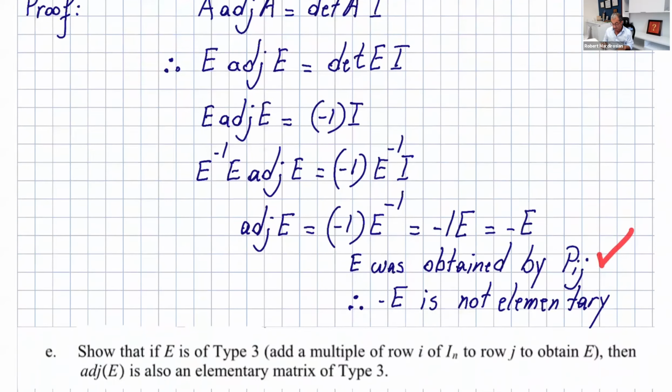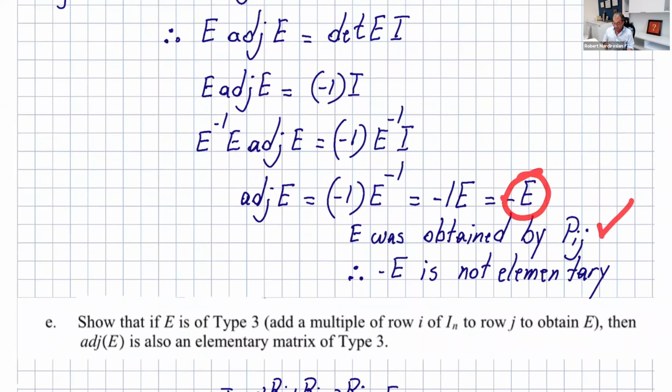This is not an elementary matrix. E was obtained by permuting row i and row j. Therefore, -E is not elementary.